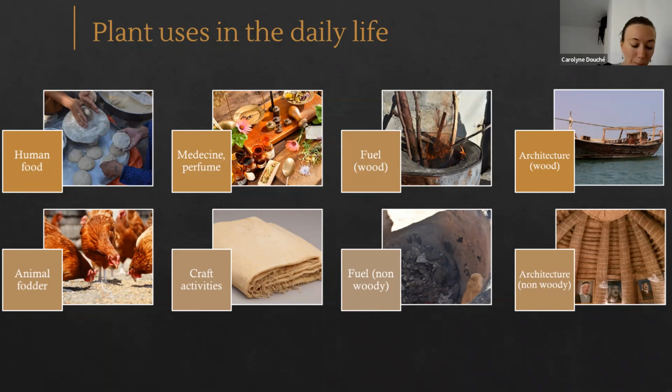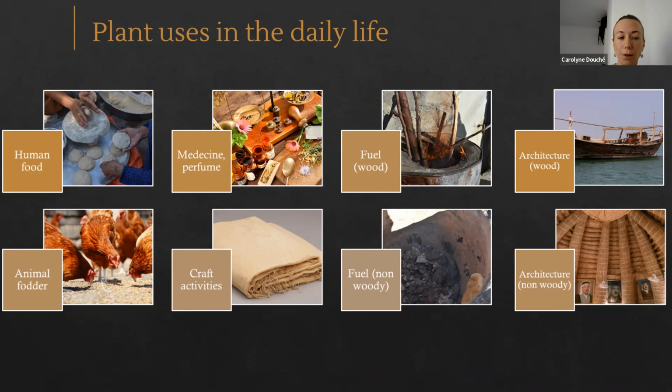That's, for example, the case of barley, that can be transformed or processed to make bread, soup, beer, and given raw to animals as fodder. Other plants or plant parts can be used for medicine, in infusion, as a smoke, or gel, or for cosmetic purposes.